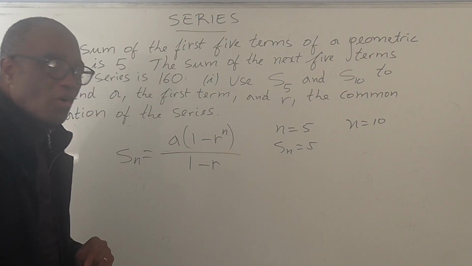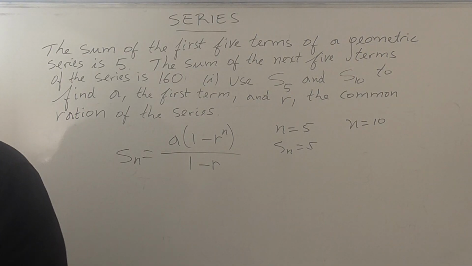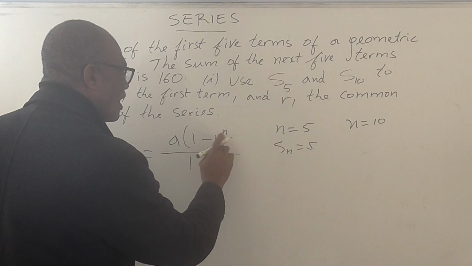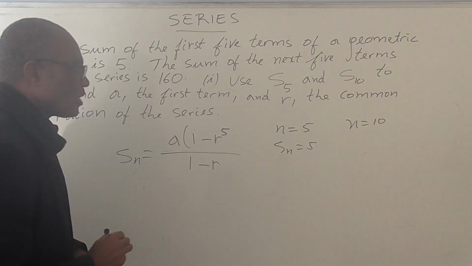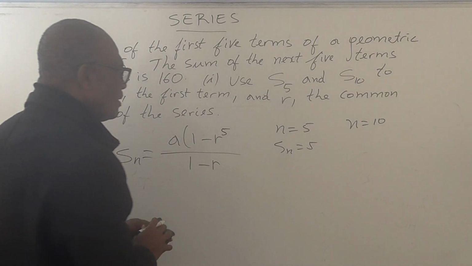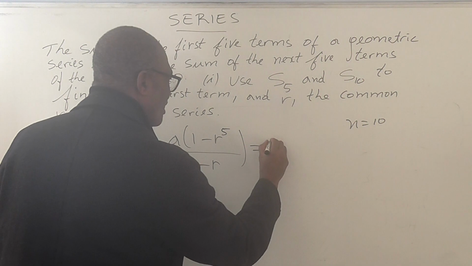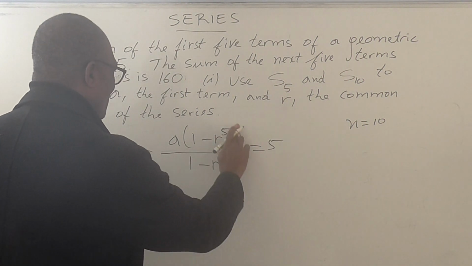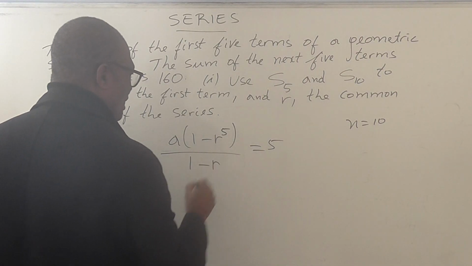Now, if we use this formula, as I said, n is 5, so I'm going to replace n by 5. I put 5 there, and then the sum will give 5. So I'm going to have it like that.